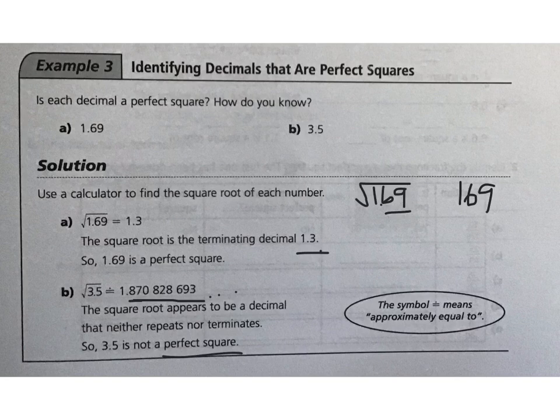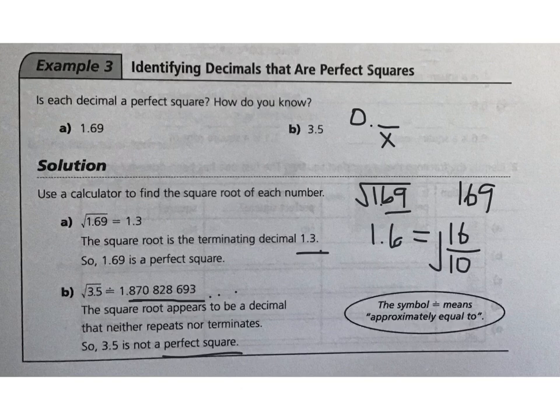For a number to be a perfect square, looking at decimal places, it cannot terminate in the tenths place. Why is that? If you think of 1.69, and say it was 1.6 instead, written as a fraction that is 16 over 10.